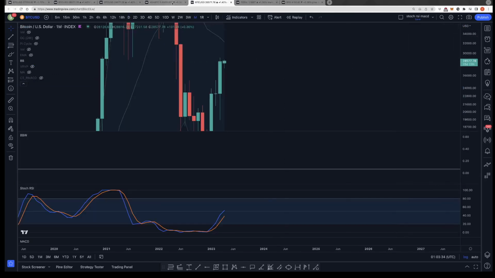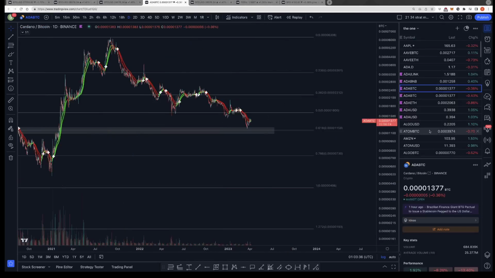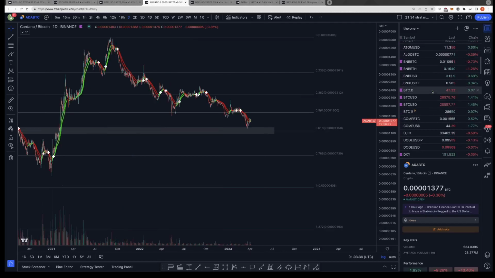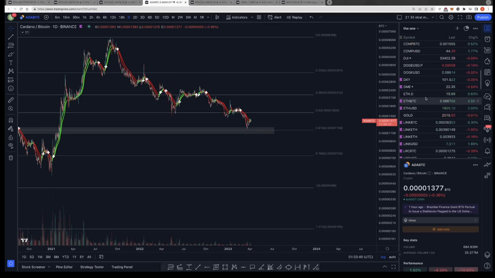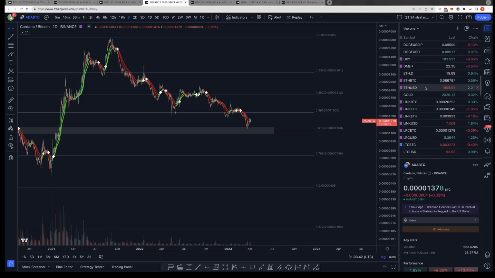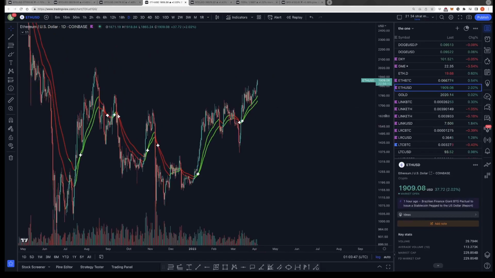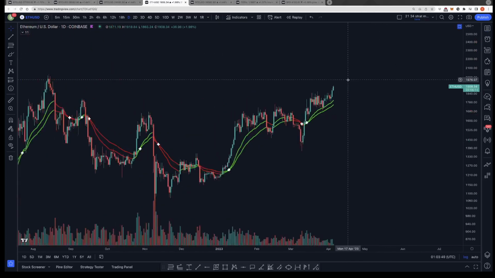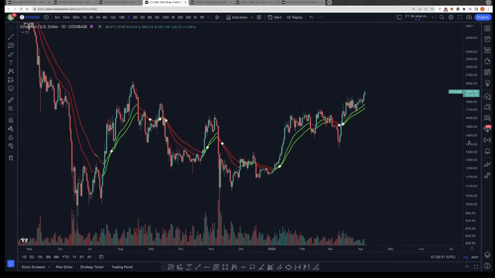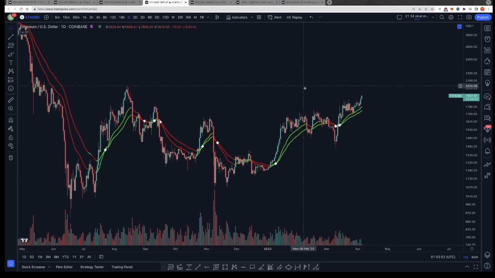Where is Ethereum? Ethereum with a little breakout today. Can see this candle here kind of leading the charge. We'll see if this is the beginning of the altcoin run. Would like to see some more volume there. That's not very impressive.